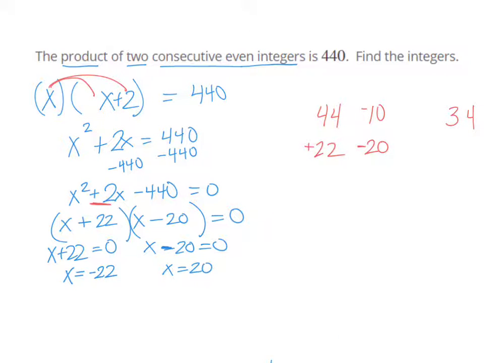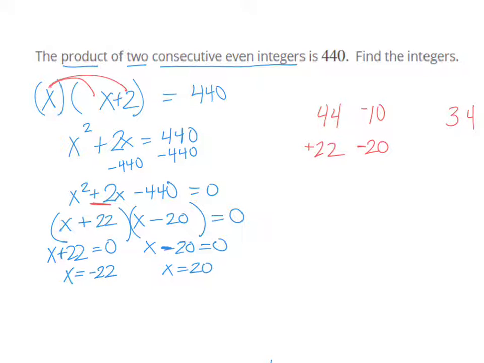Now we have two possible answers here, and you have to be careful because the way that the question is asked at the very beginning is important on what you really want to consider your answer. So this just says that I had two consecutive even integers. So both the negative 22 and the 20 are even integers. It didn't specify that it had to be positive or anything like that. So I think these are both valid answers.